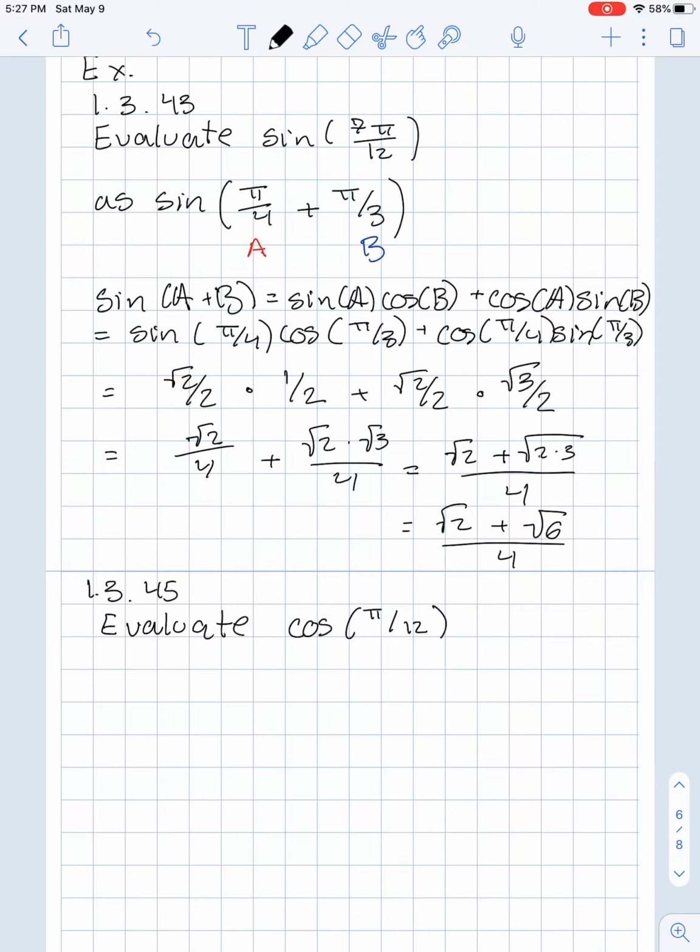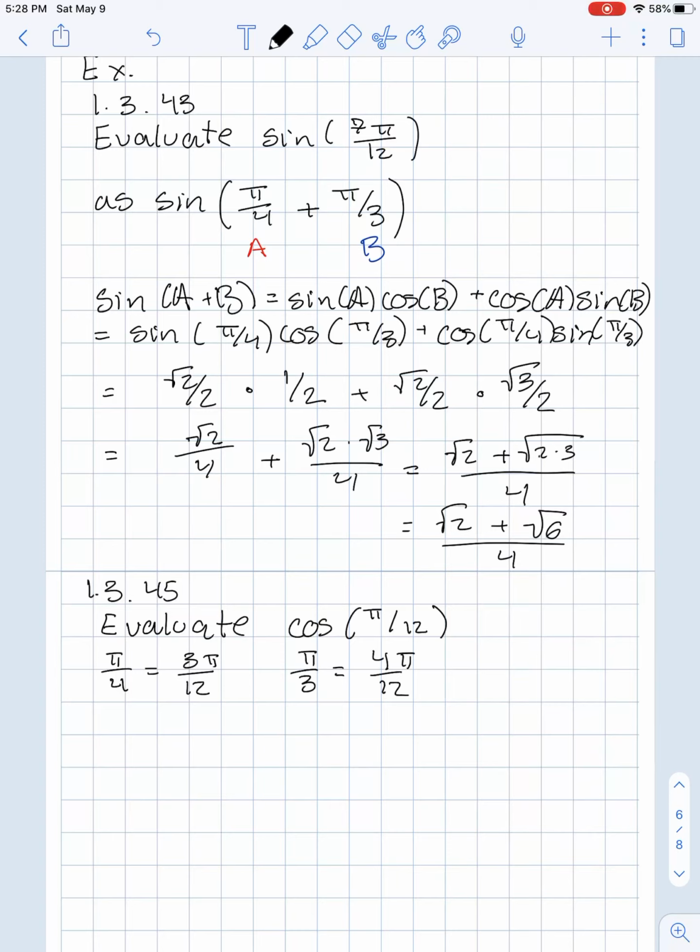So pi over 12. Well, let's see how they got the earlier problem. They got pi over 4 plus pi over 3. Well, pi over 4, I can rewrite that as 3 pi over 12. And pi over 3, I can write that as 4 pi over 12. Well, they added the two together, which is how they got 3 pi plus 4 pi.